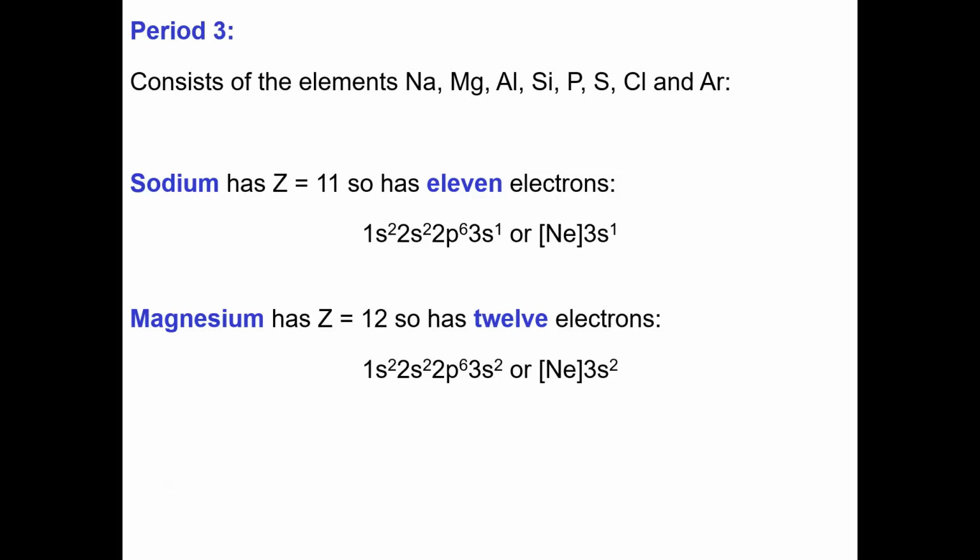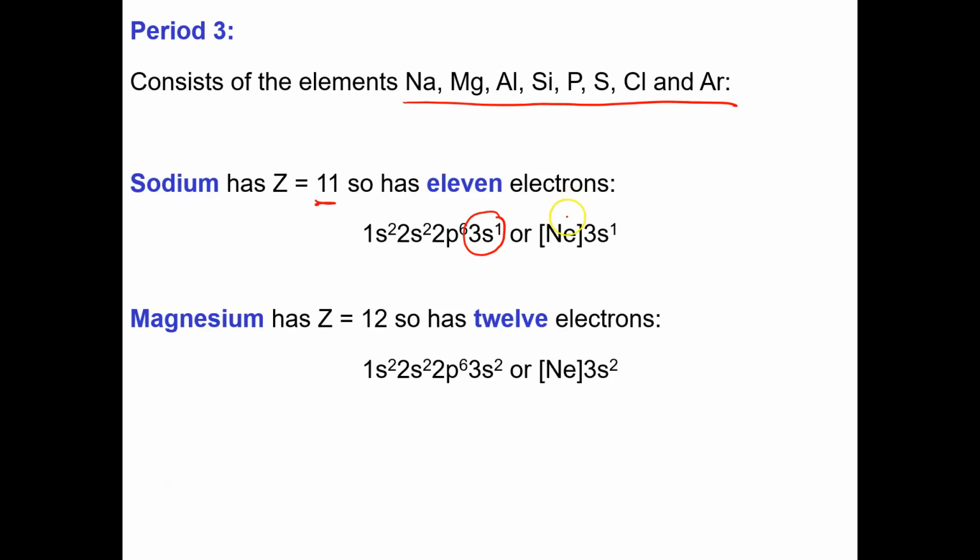So period 3 is comprised of these elements: sodium, magnesium, aluminum, silicon, phosphorus, sulfur, chlorine, and argon. 8 elements again. Sodium has 11 electrons, and so the 11th electron begins a 3s subshell.